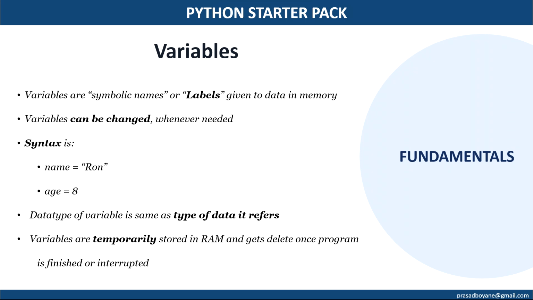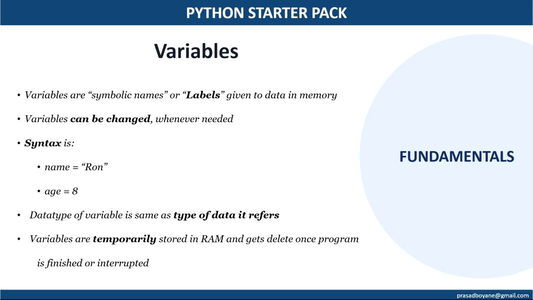So the value "ron" will get stored into name. In the program, whenever we call name, it will implicitly call the value "ron". The same case with the age variable. Age is the label, name is the label, and the number 8 or the string "ron" are the values.